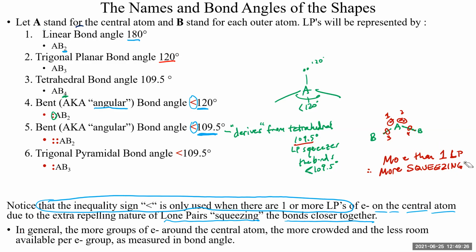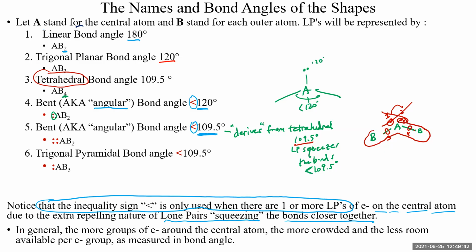Four groupings around the central atom results in a tetrahedral arrangement. But when you name the shape, you realize, wait a minute, it may be a tetrahedral arrangement, but 2 of those are not atoms. So we don't name the shape according to them because we can't see them.